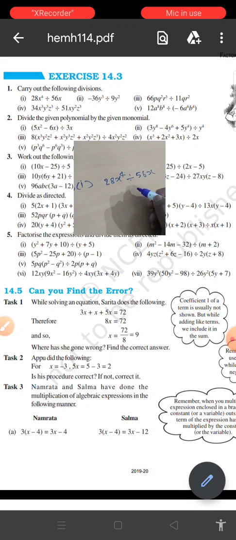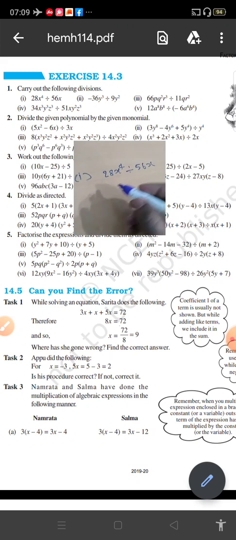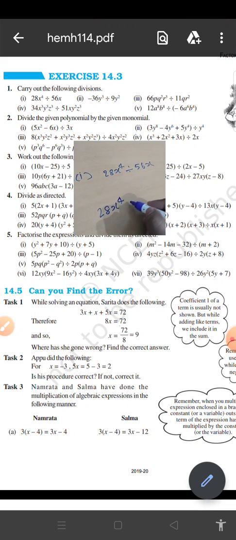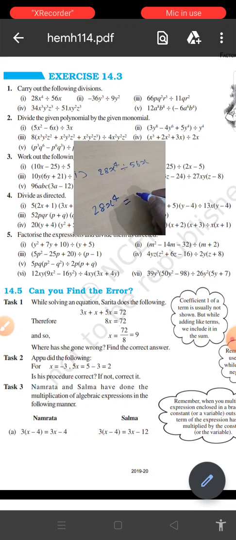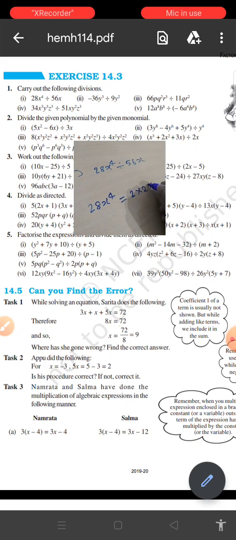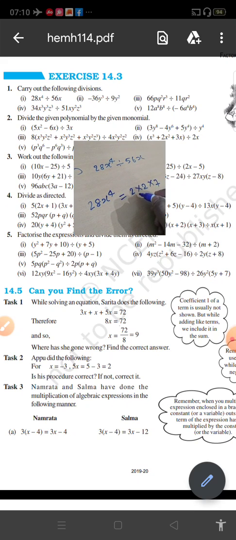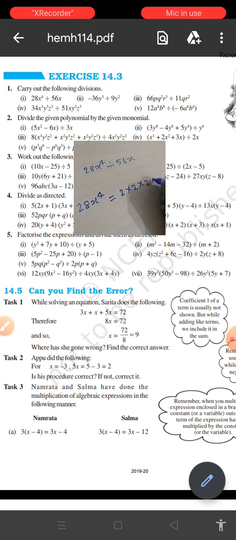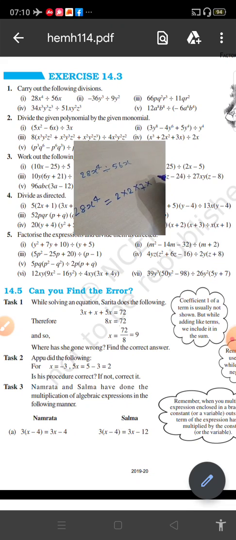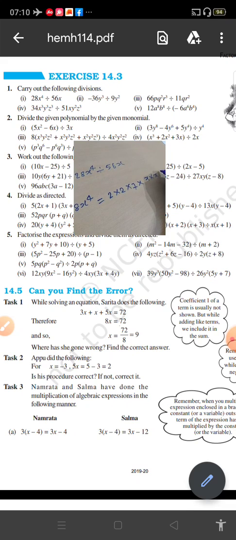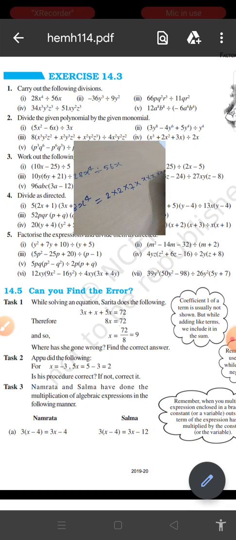Okay, first we divide it. So first we write 28x power 4 as a product of irreducible factors. We can write it 2 into 2 into 7, 4 sevens are 28, into x into x into x into x.